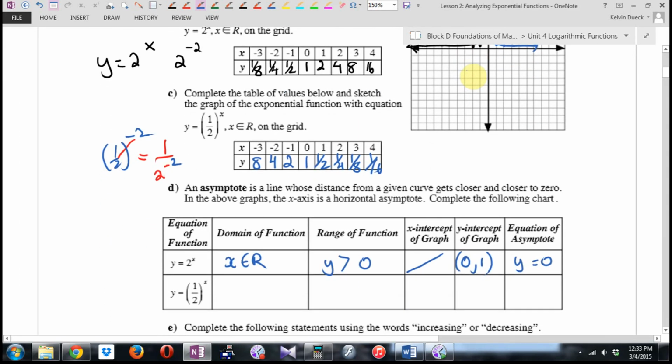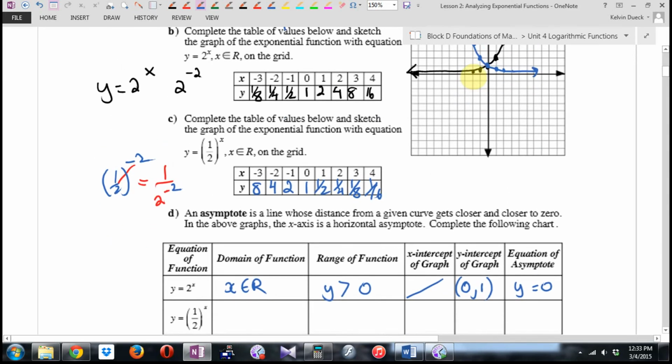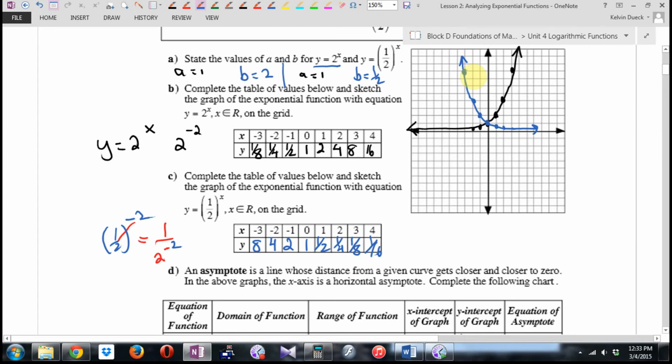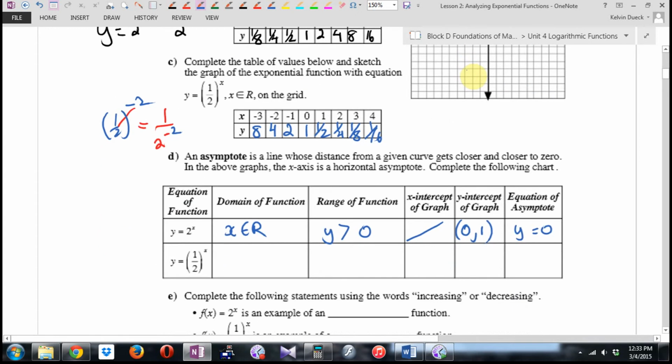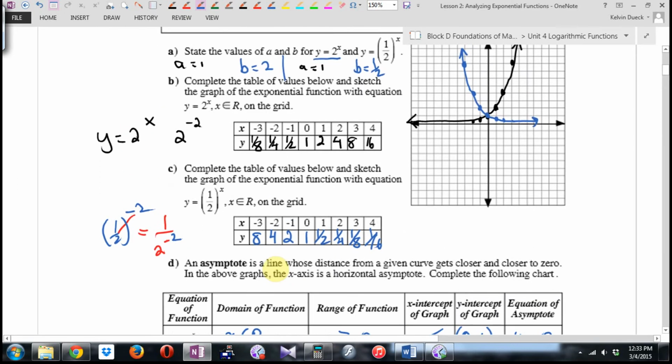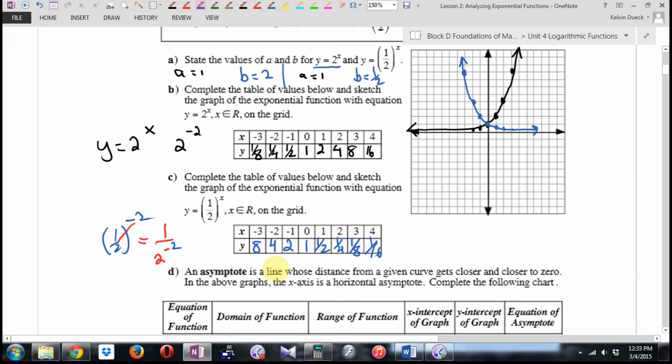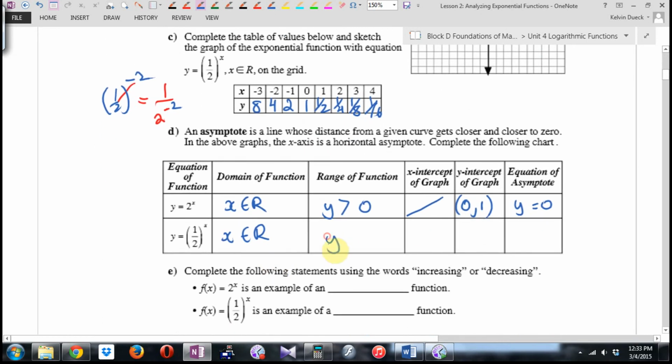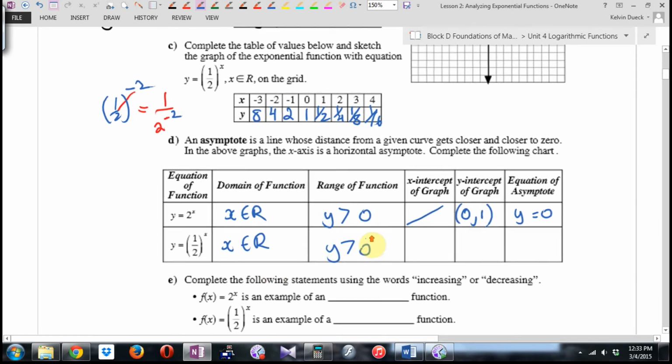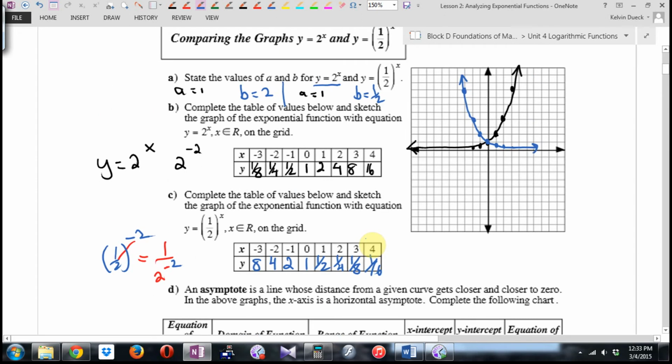Hey, what's the domain of the blue graph? How far left? You know what? Same domain. What's the range of the blue graph? Same. What's the x-intercept of the blue graph?